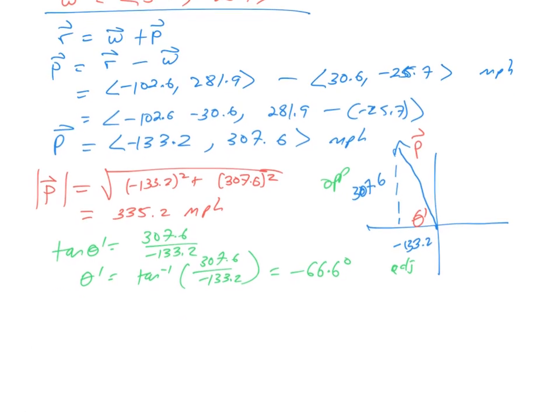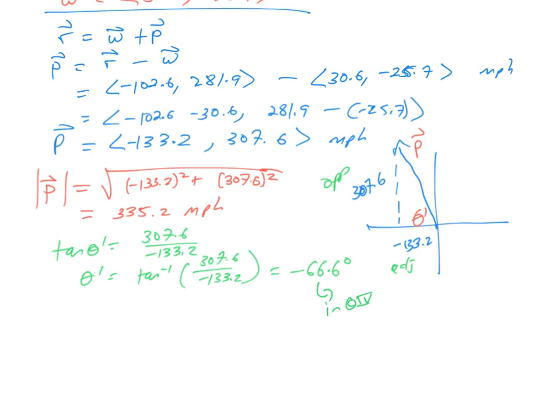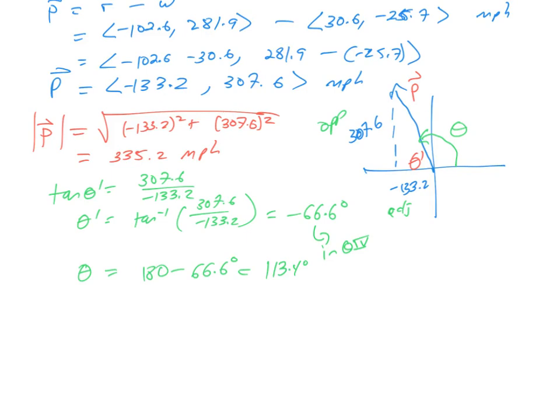So in this case, negative 66.6 degrees would be in Q4, but our angle's in Q2, right? So how are we going to get this angle in Q2? We're going to subtract it from 180. So theta, I'll call this theta, is going to be 180 minus 66.6 degrees, and that's going to be 113.4 degrees.